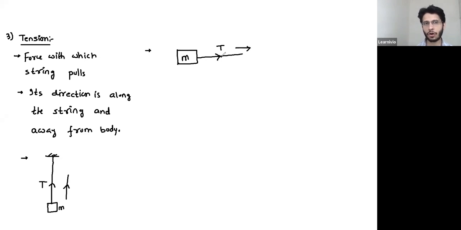If I connect this string to the left hand side, then the tension will act in the left hand side direction. Tension always acts along the string and away from the body. Few more examples. Okay, so that is about tension.